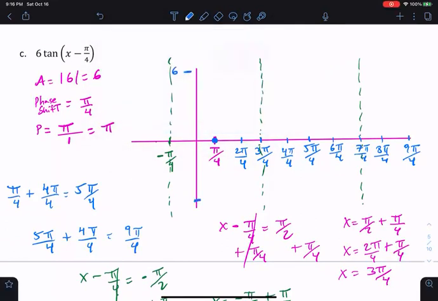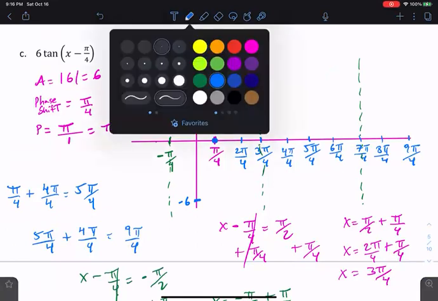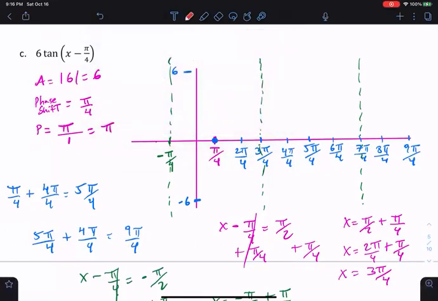This is -6. So at 0, for the graph, you can just plug in the numbers, right? If you plug in 0 here, you get negative tangent pi over 4. So that should be -6, right? So that should be around here.